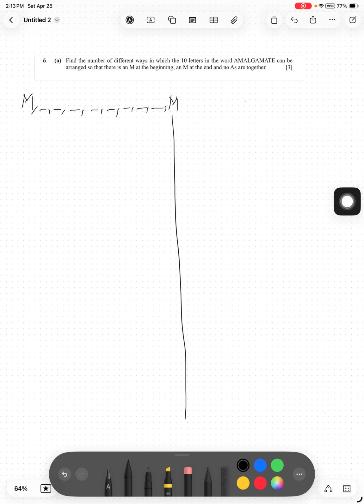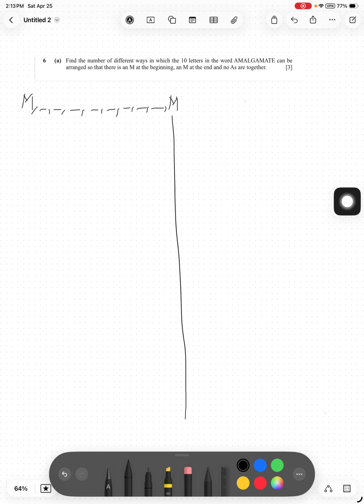The first one is you find the number of ways you can arrange the 8 remaining letters, then you subtract the number of ways you can arrange them with the A's together, and you subtract, right? So after the subtraction, you would get the number of ways you can arrange them with the A's not being together.